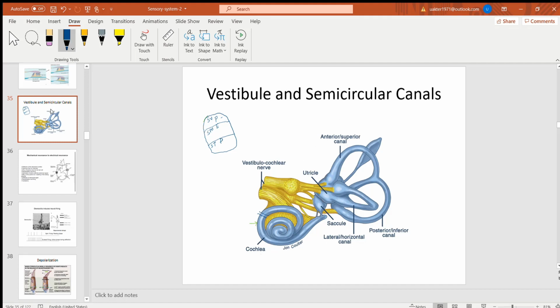And this is the basilar membrane, and on the basilar membrane you have the organ of Corti, right? And inside the organ of Corti you have two types of hair cells, inner hair cells and outer hair cells.